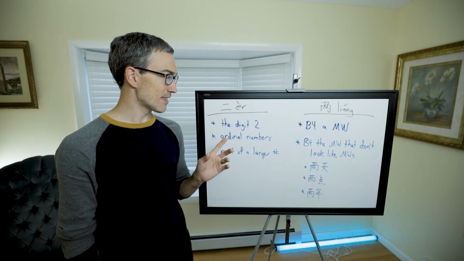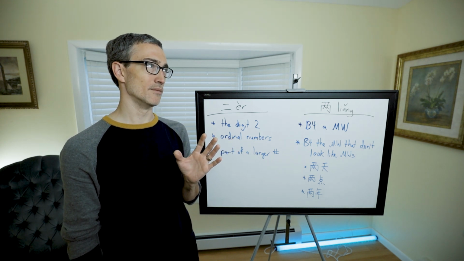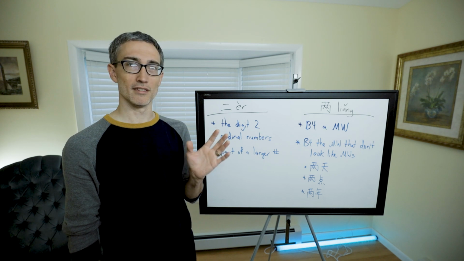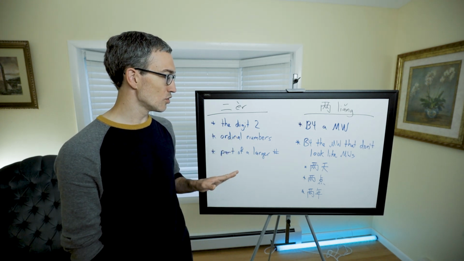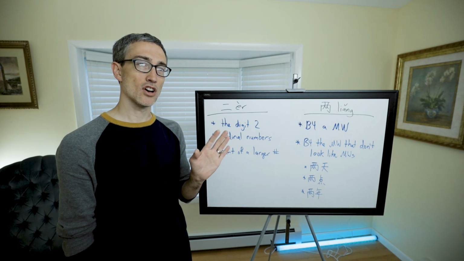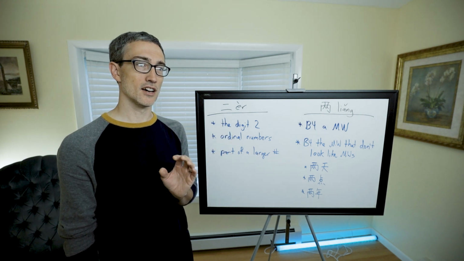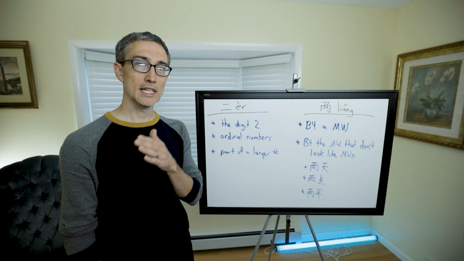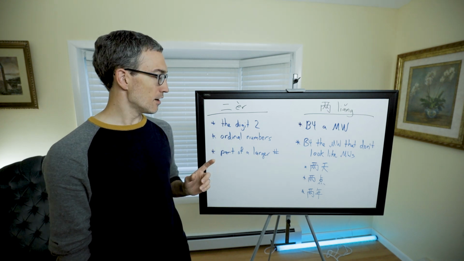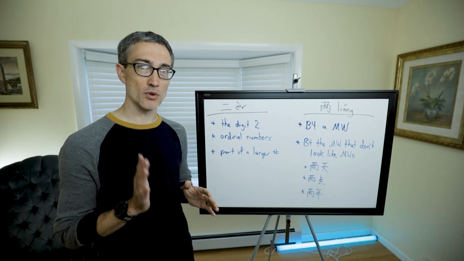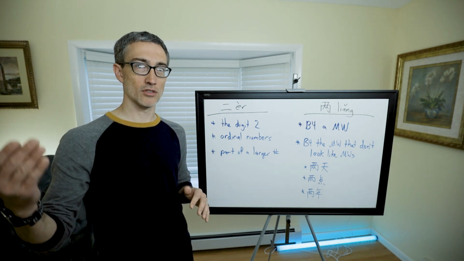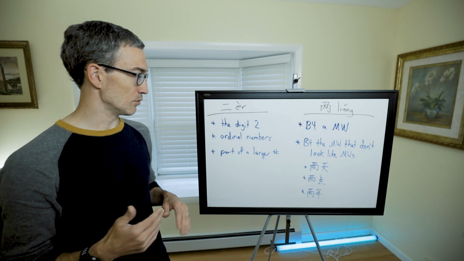I'm not sure exactly why, so I'd have to research that. But basically, when the 2 is at the end of a large number, it's always 二. Like 122. And usually if it's the 20s, it's always 二. But when we get into the 200s and 2000, we can use liǎng.